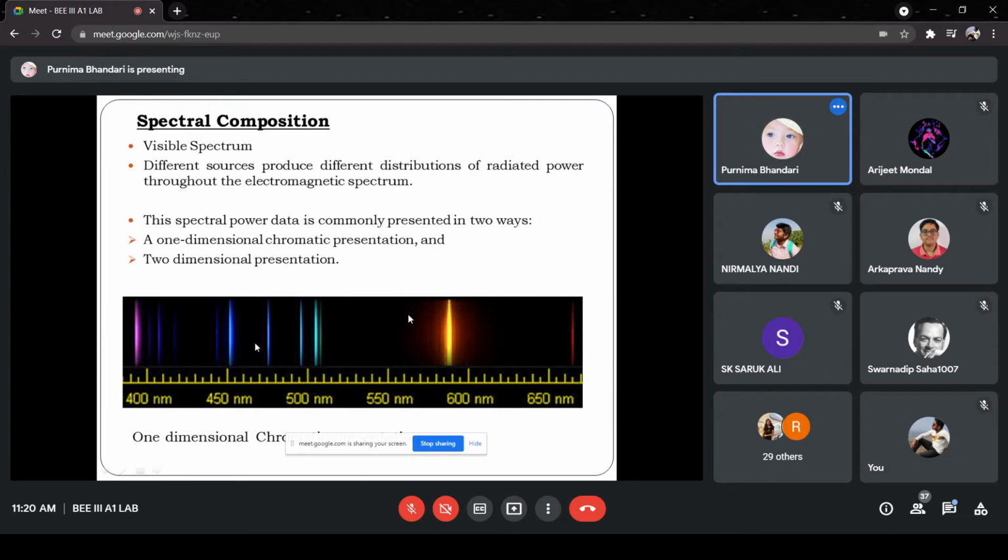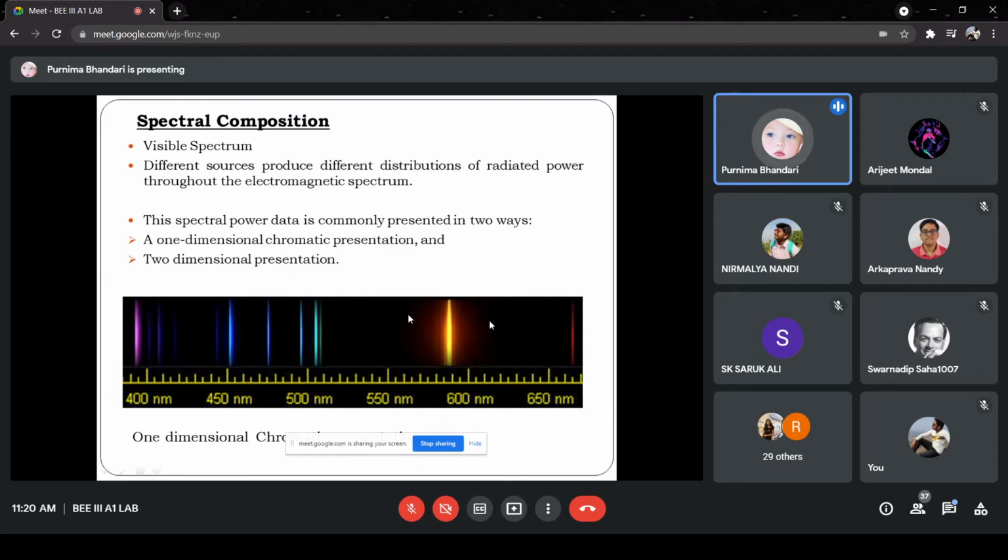In the visible range only, different wavelengths create different visual sensations, and we see different colors.